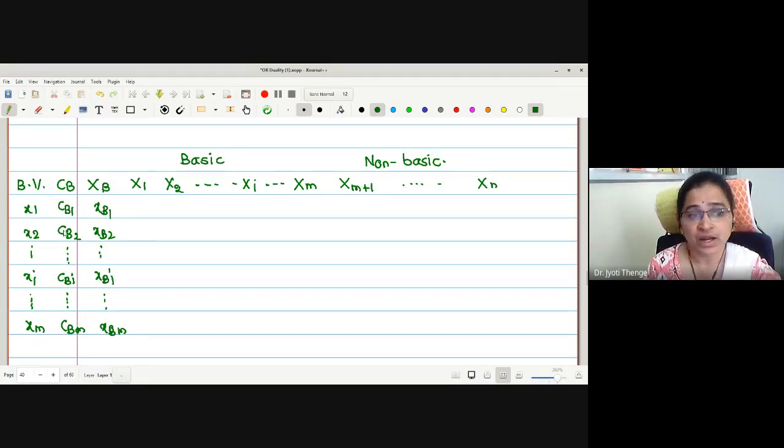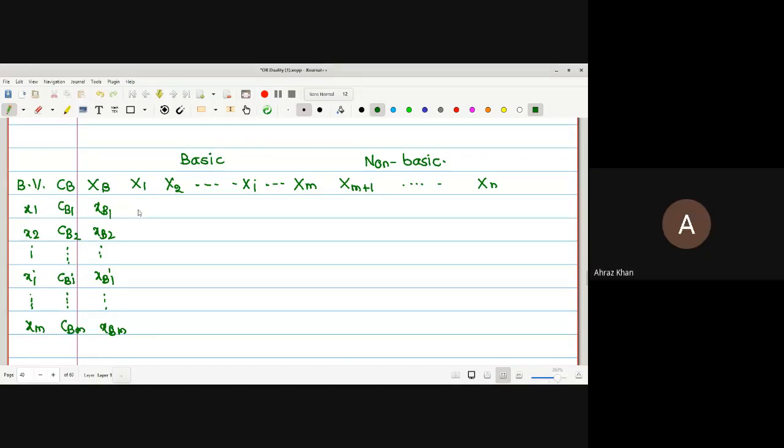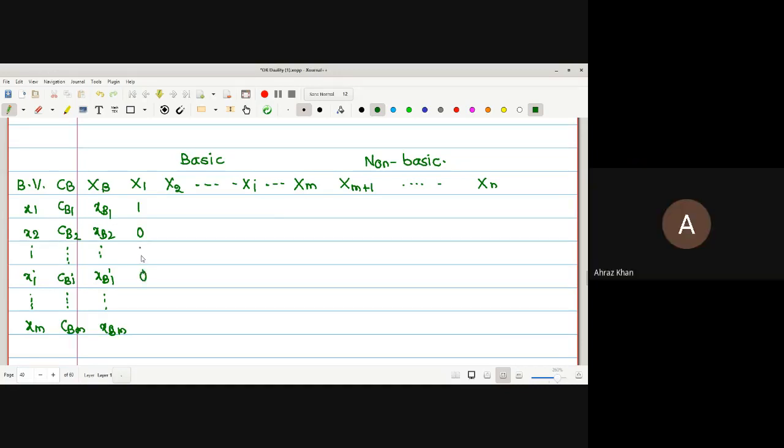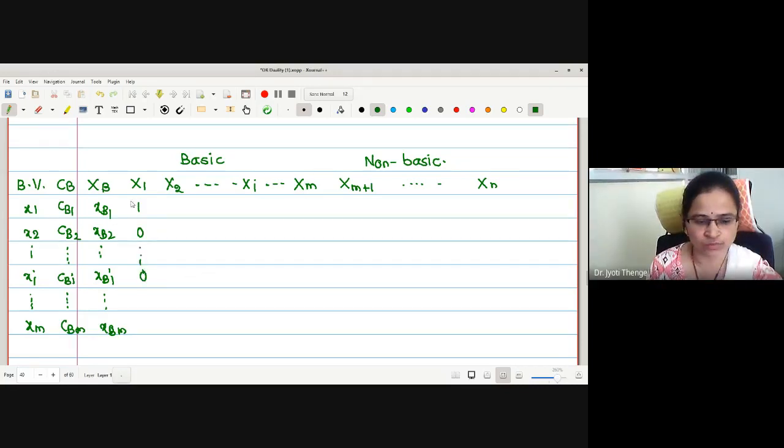Now, as x1 is my first basic variable, what is the column corresponding to x1? This is the first column of the identity matrix: 1, 0, 0. The location is A11. X2 is the second basic variable, so it will form the second column of the identity matrix.